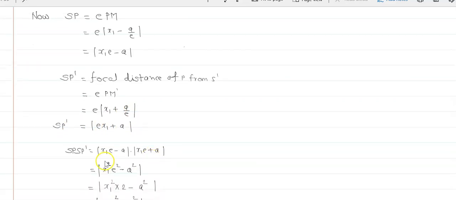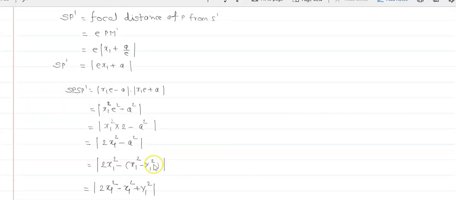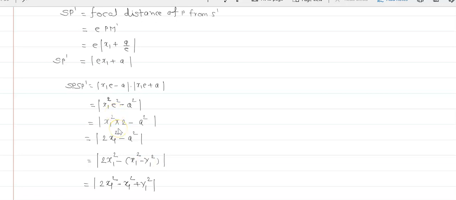Now their product, that is mod of x1 e minus a into x1 e plus a, that is (a minus b)(a plus b), x1 square e square minus a square. Substitute the value of e, then you will get 2 x1 square minus a square.